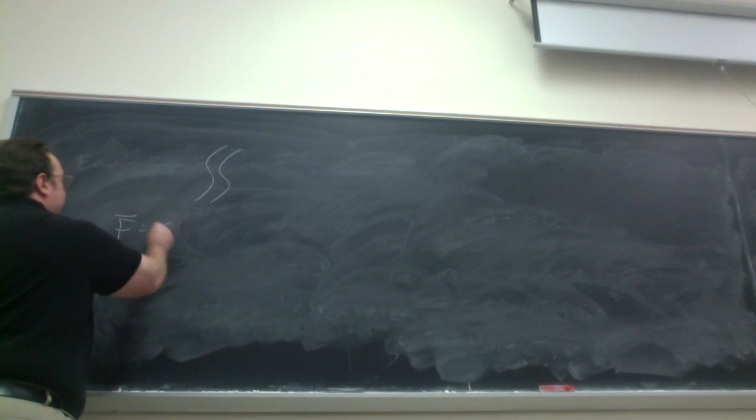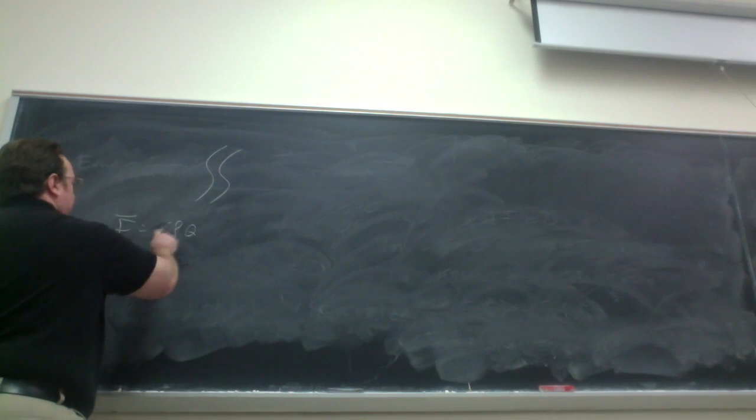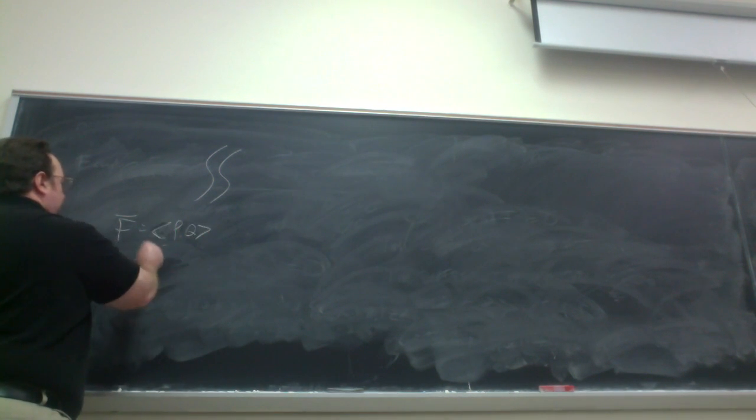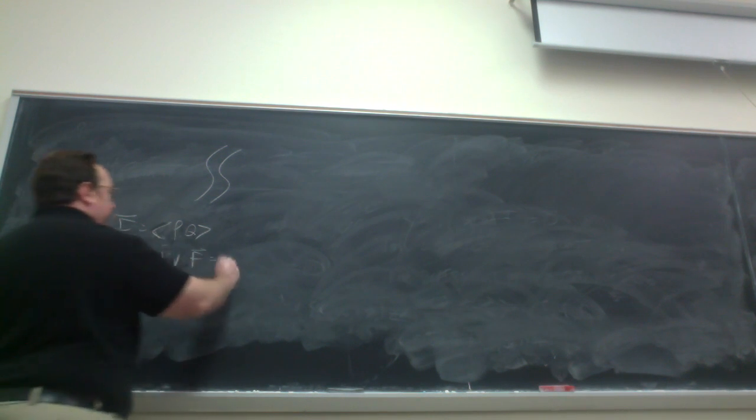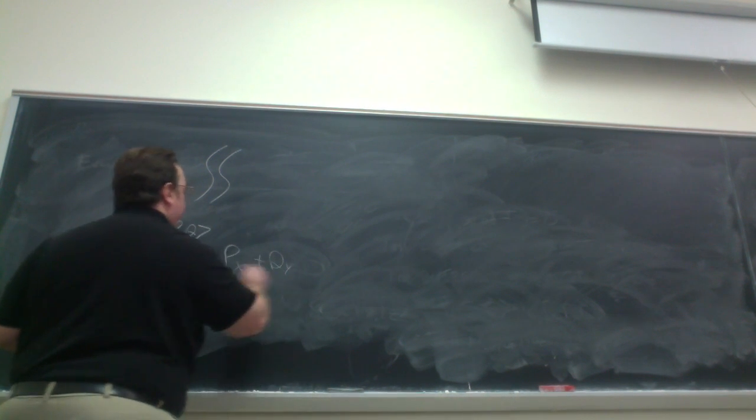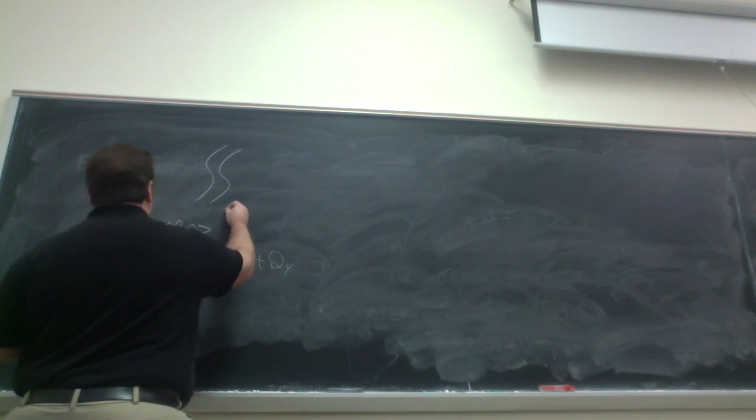So now, same situation. F is a two-dimensional vector field, P and Q. Therefore, the divergence of F would be this with respect to x plus this with respect to y. So I go ahead and fill that in here.